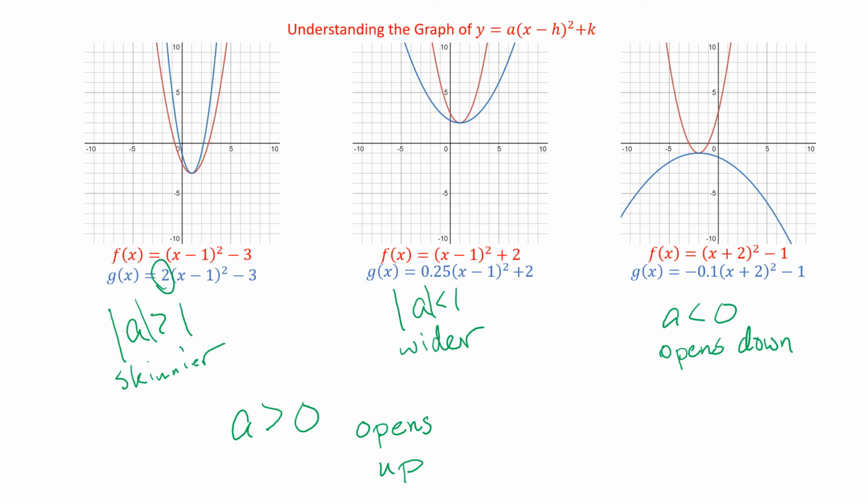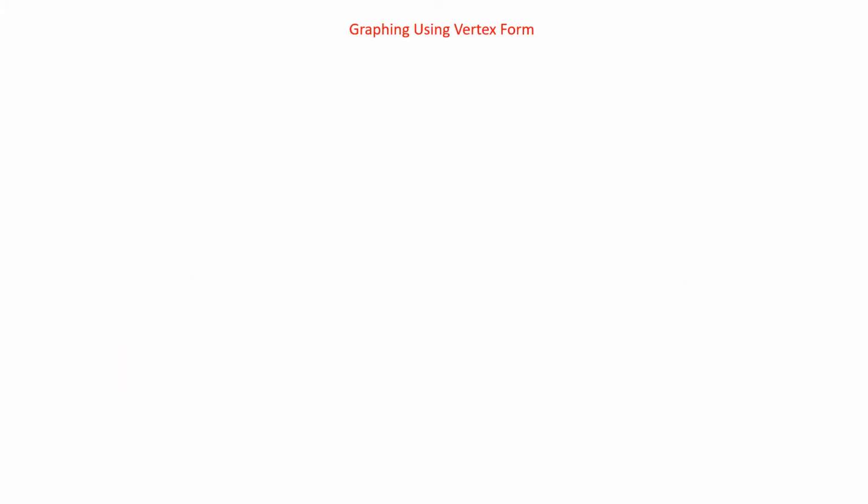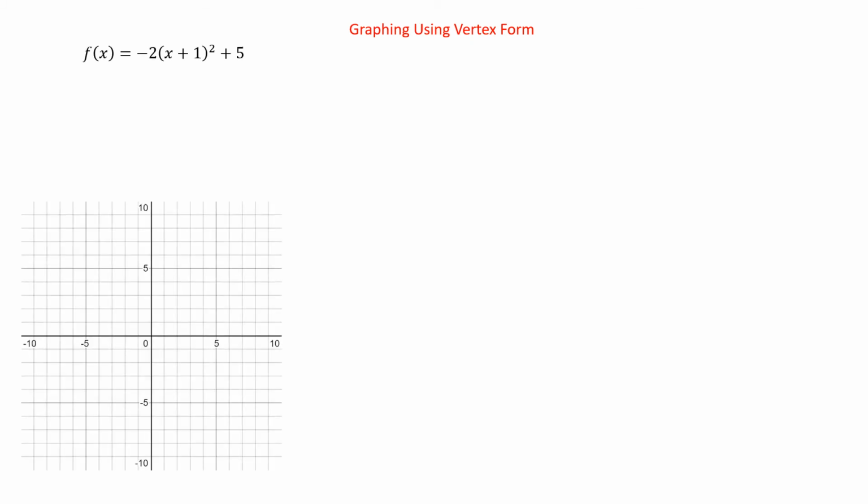It changes the actual shape. How wide is it? The h and the k tell us where is the vertex. Where does this parabola start? The vertex is a good starting point. It's a center. A line doesn't really have a center, but a parabola does. So how could we graph it using the vertex form?